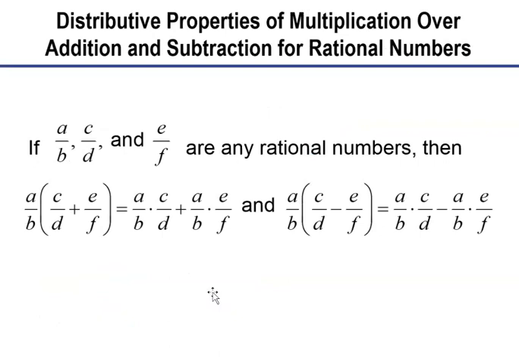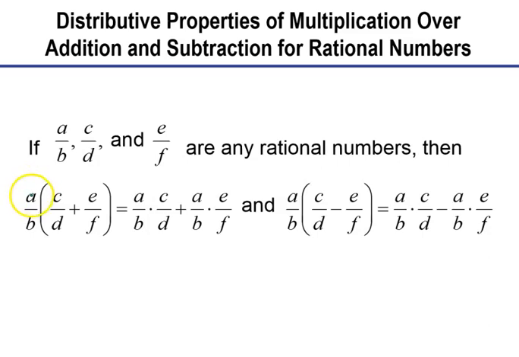We also have a distributive property, and it's over addition and over subtraction. So just like when we were dealing with whole numbers, we had a distributive property over addition and over subtraction, and we had a distributive property over addition and subtraction when we were working with integers. Now this is true also for rational numbers.